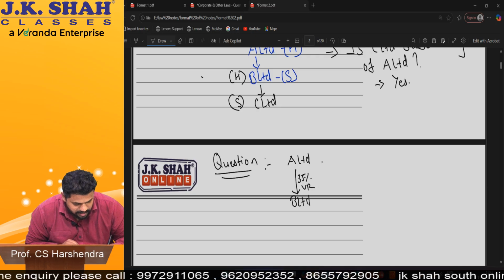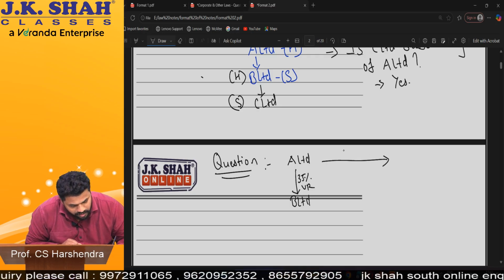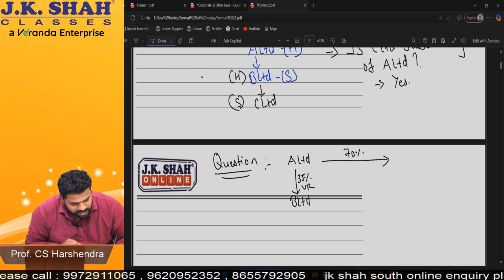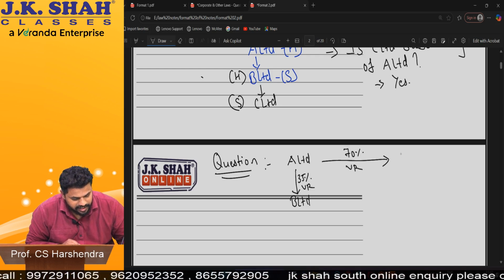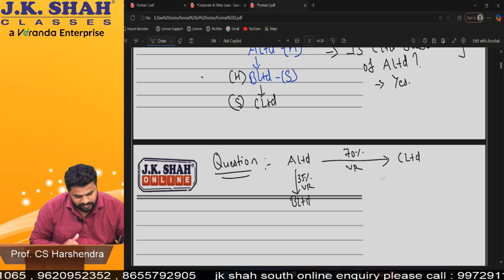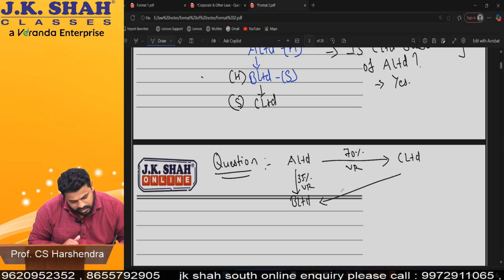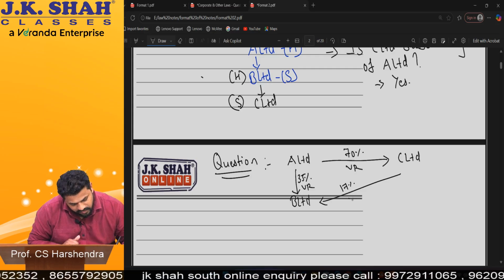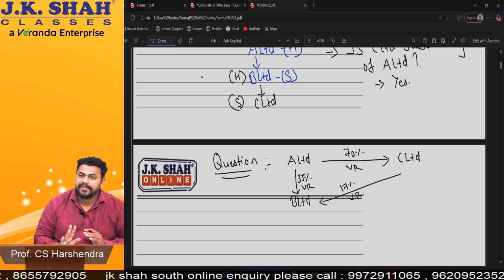A Limited holds 70% of voting rights in C Limited. And C Limited holds 17% voting rights in B Limited.